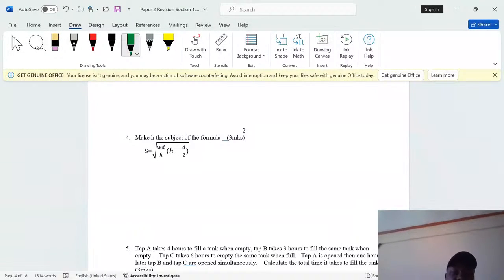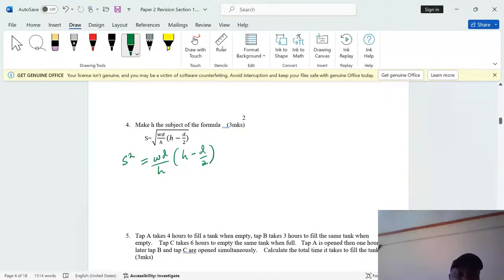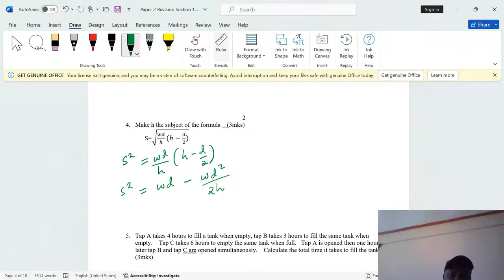So allow me to start by squaring both sides such that we have S squared equals WD out of H, into H minus D out of 2. This is where we are now. At this stage, allow me to open the brackets and I will be having WD, because WD over H multiplied by H, the H cancels. But when we move ahead now, we shall have minus WD squared, and we shall be having 2H at the denominator, like that.